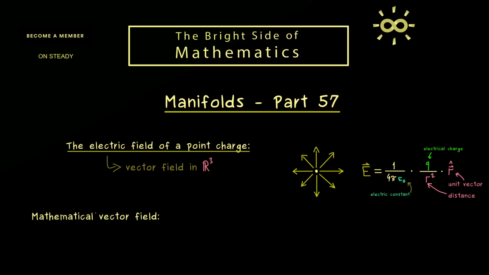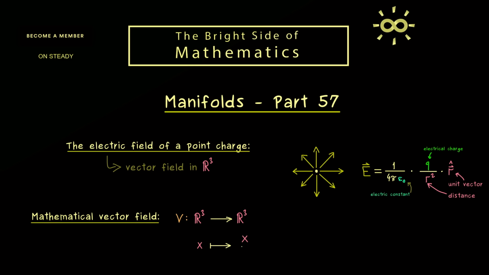And now mathematically we can simplify that and say that the point charge is in the origin of R3 and all the constants are equal to 1. Hence we get a vector field V from R3 into R3. Hence this sends a point x with 3 coordinates to another vector. And now since we know we want to go in the same direction as the vector x, we can just use x again.